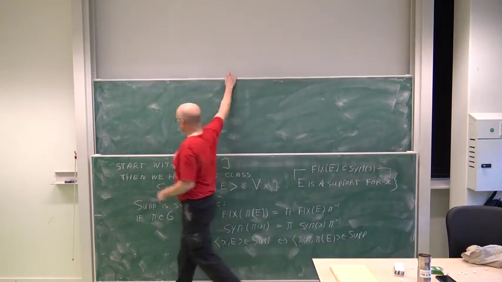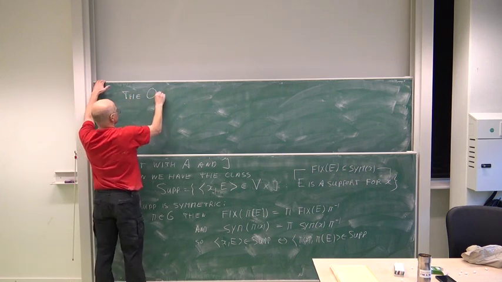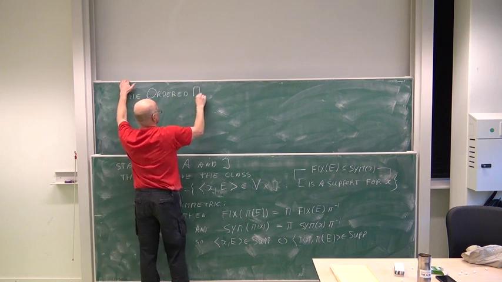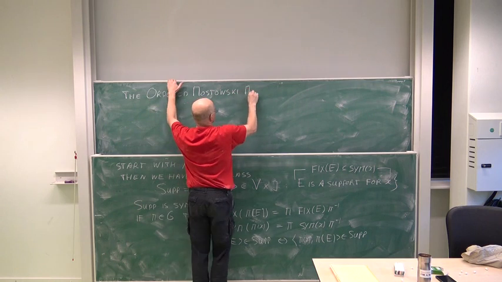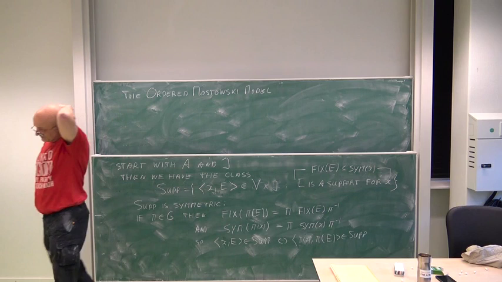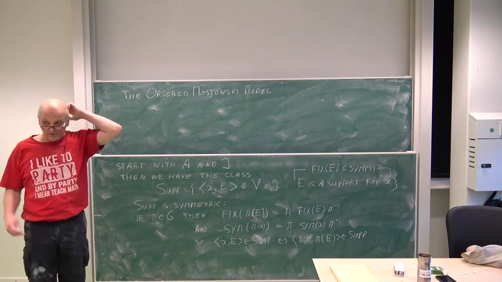Okay, so this one is called the ordered Mostowski model. It was constructed by Mostowski in answer to a question of Fraenkel's, and I mentioned that a few moments ago.